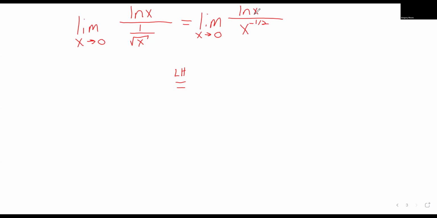And again, just to emphasize, this is indeterminate. 1 over the square root of x is now going to infinity as x approaches 0, because it's 1 over 0. And the natural log was already going to negative infinity.